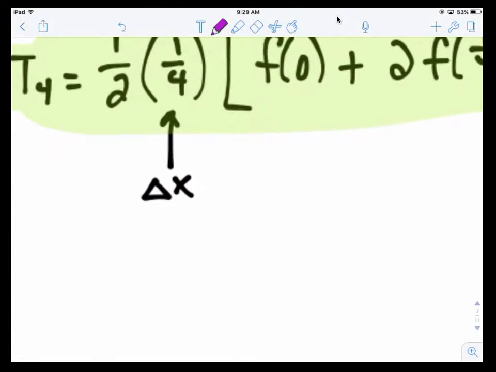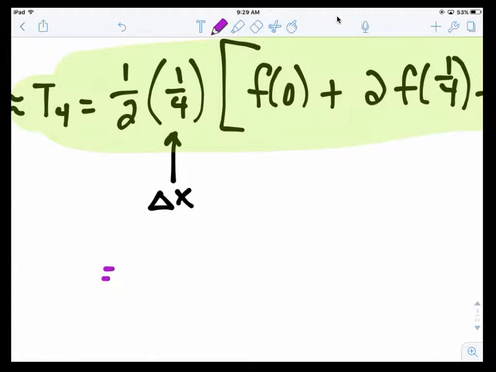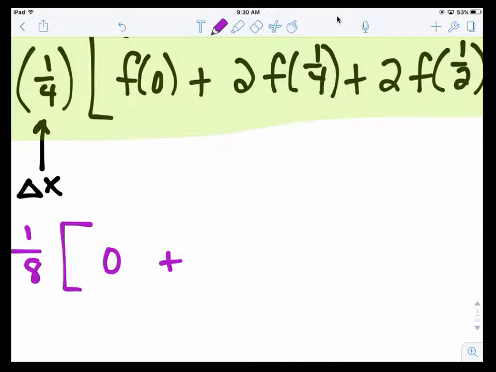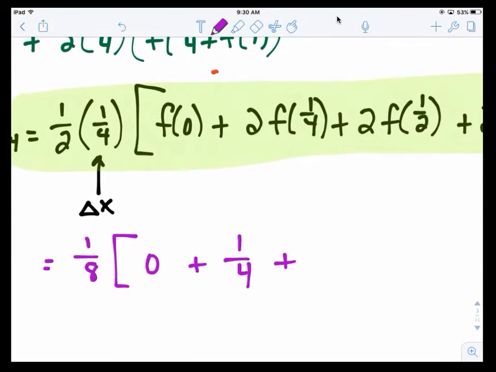All right, so let's simplify it. So we got 1/8. F of 0 I know is 0. F of 1/4 is 1/8 times 2 is 1/4. Oh, you're right. I'm sorry.